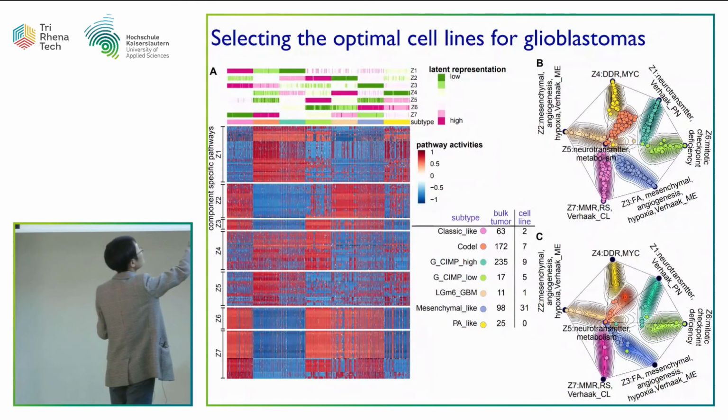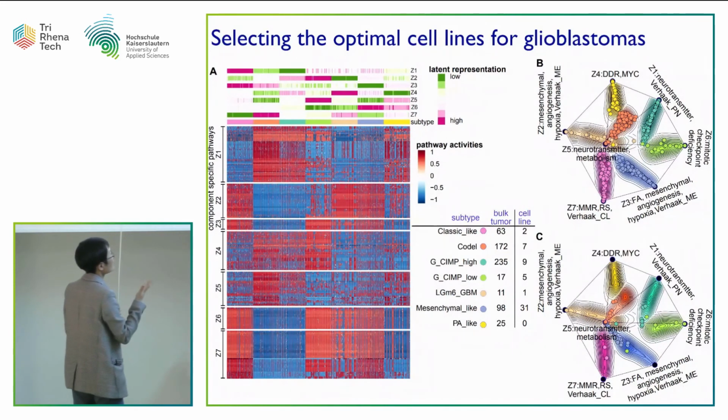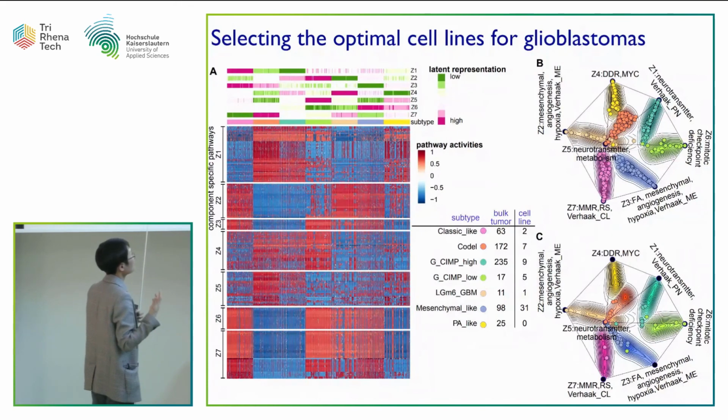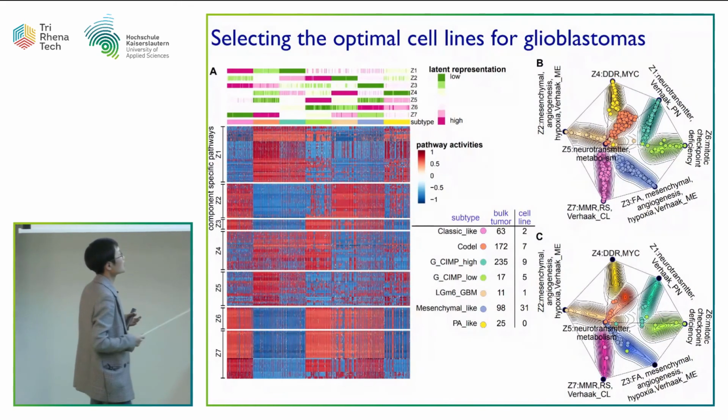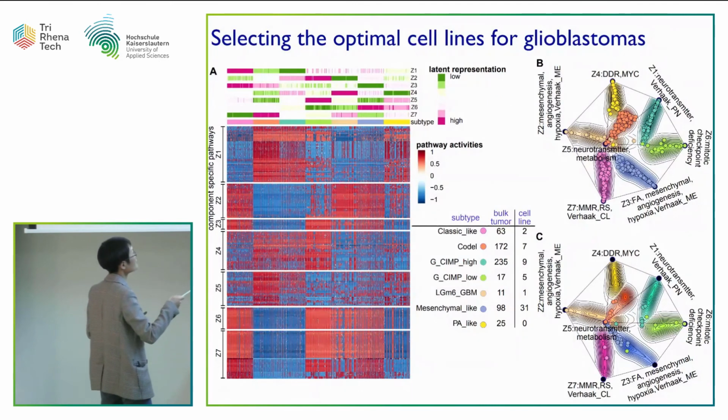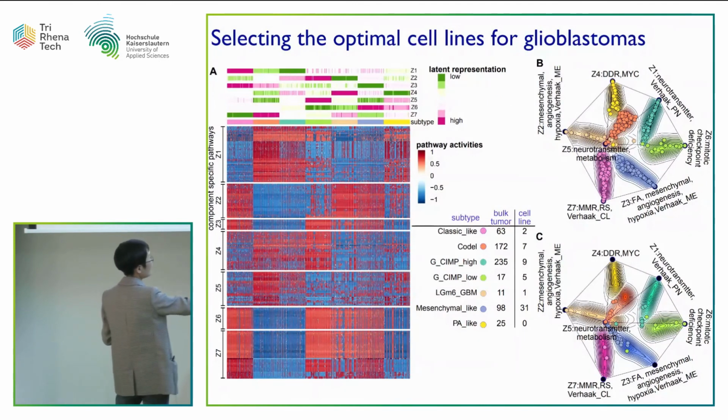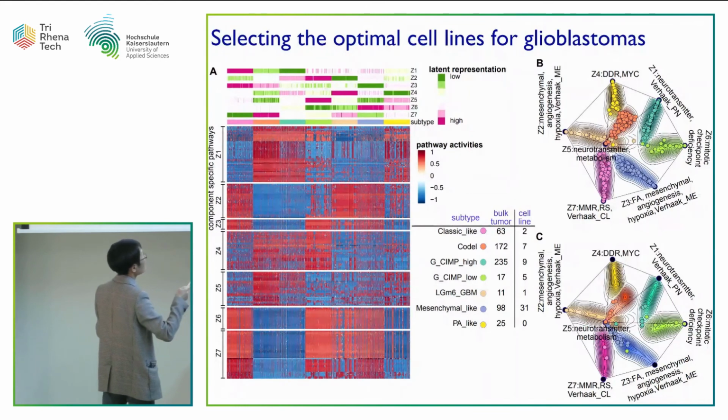We use the bulk tumors to generate such a reference map. Shown here, the contour represents the density of the samples. Once the reference map is generated, we are able to project our cell lines into it. As you can see, the cell lines overlapped with the bulk tumor high density regions.